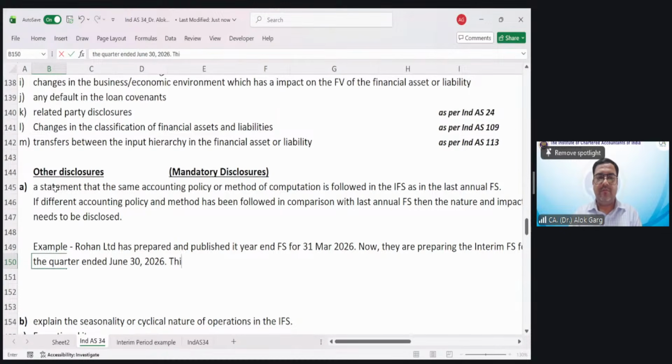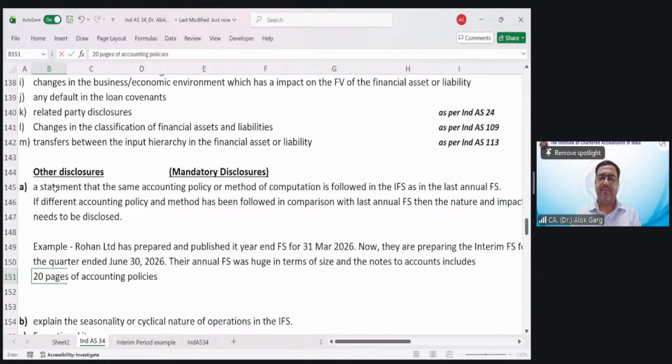Their annual financial statement was huge in terms of size, and the notes to accounts include 20 pages of accounting policies.